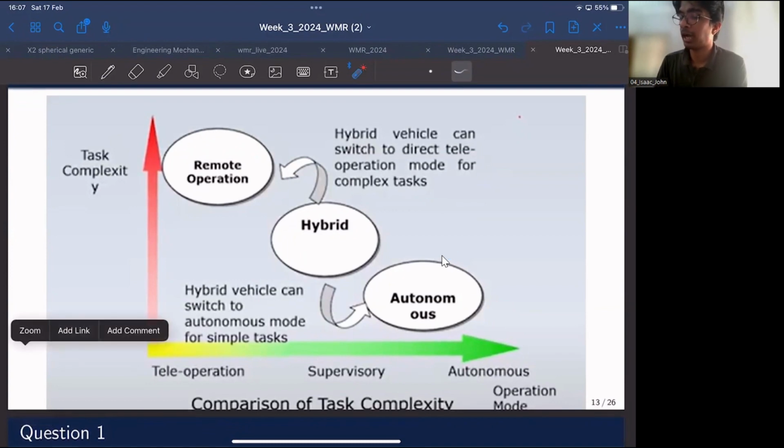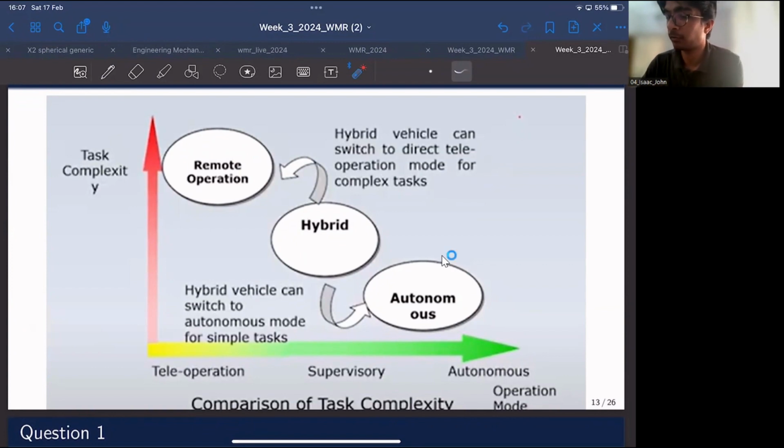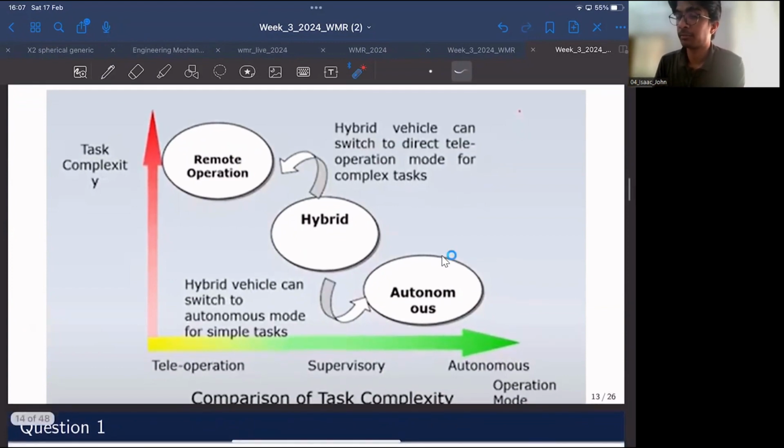But the task that a surgical robot does is actually highly complicated and very intricate. Some of these tasks can only be made possible through surgical robots. If you bring in the concept of resolution, surgical robots can have even more resolution than a human.